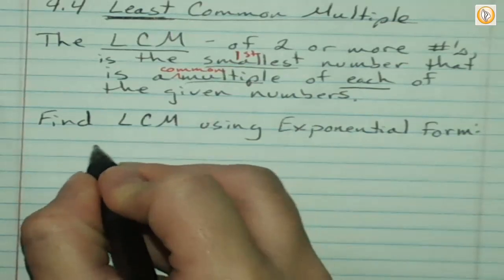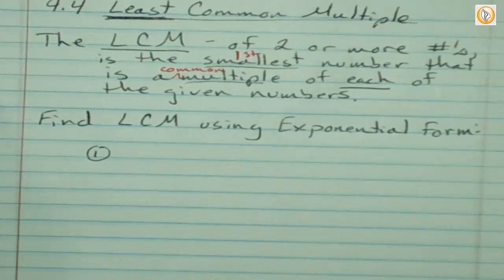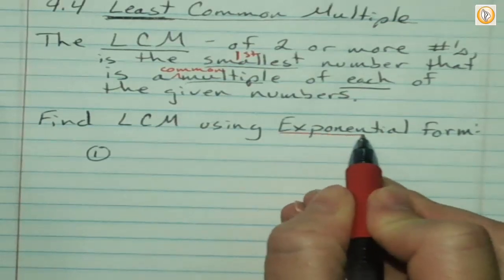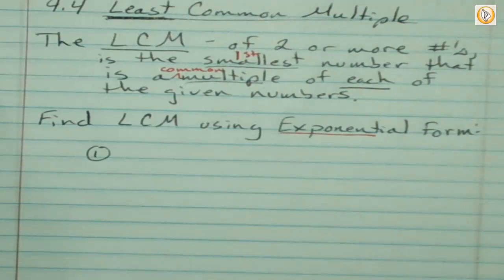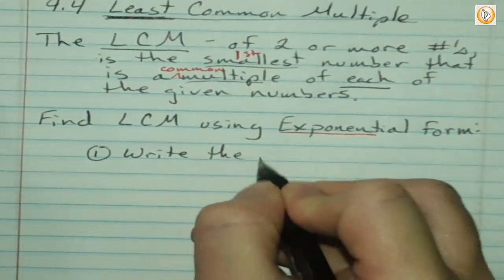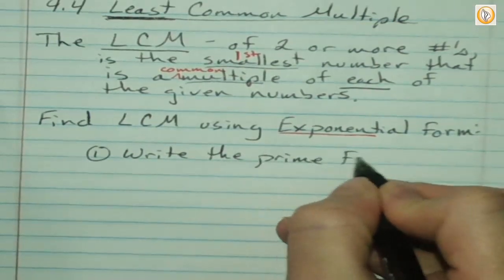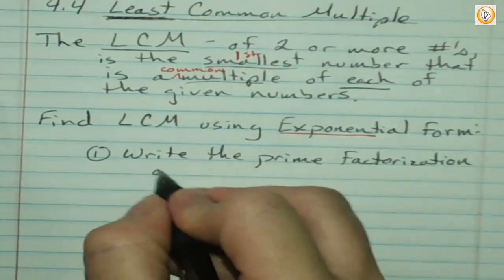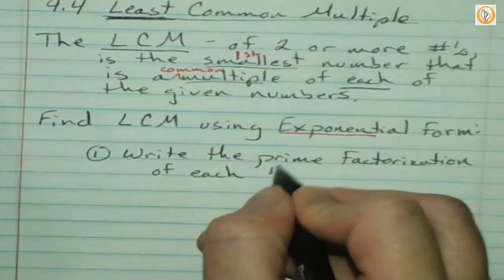All right. Number 1. We're going to find the LCM. Wake up, Cecilia. Okay, good. We're going to find the least common multiple using exponential form. Exponential form. What word pops out in exponential form? Exponent. So we know we're using exponents. Step 1, you're going to write the prime factorization of each number.